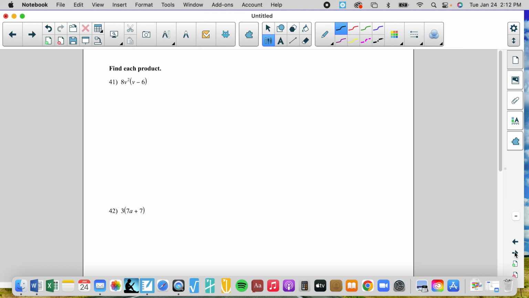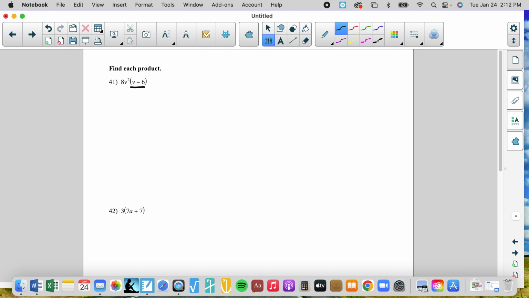All right, 41. Now, we have a monomial times a binomial. And I always like, what are we distributing and what are we distributing it to? So we're distributing an 8v squared, and we're distributing it to the 2 terms inside the parentheses, v and negative 6. So we can't simplify by combining like terms in the parentheses.